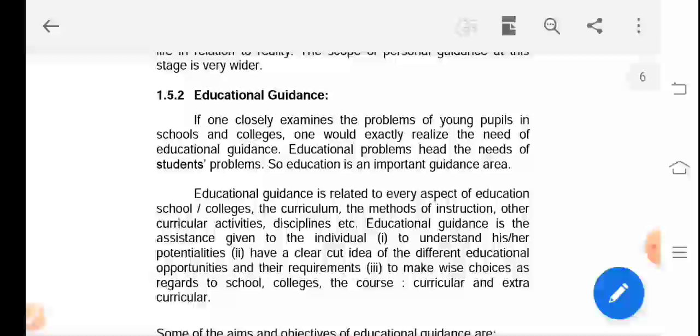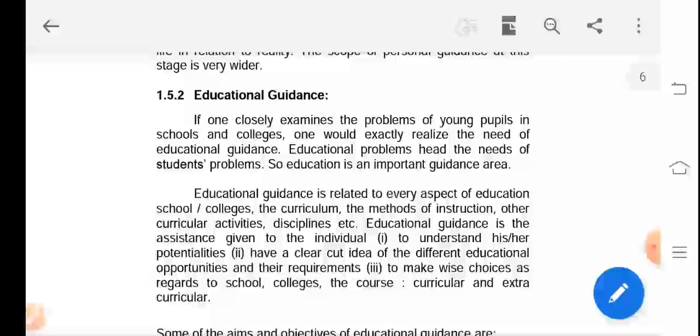As the term educational guidance itself suggests, if one closely examines the problems of young people in schools and colleges, one of the most surprising and clearly realized needs of the day is educational guidance.